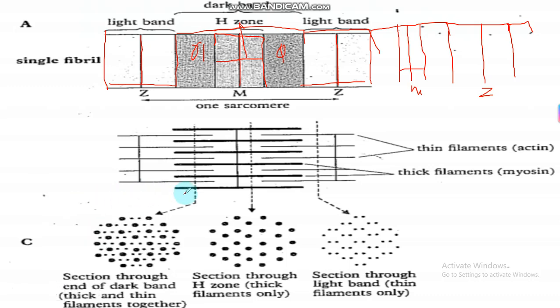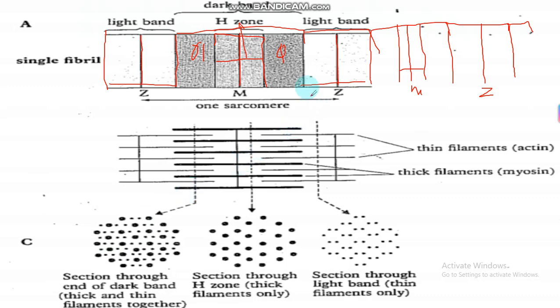We said that the light band is composed only of the thin actin filaments.